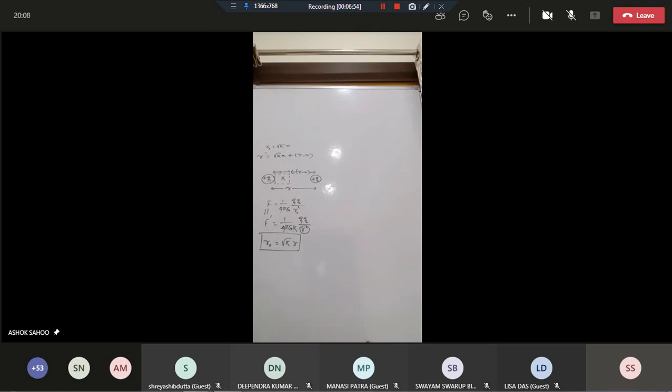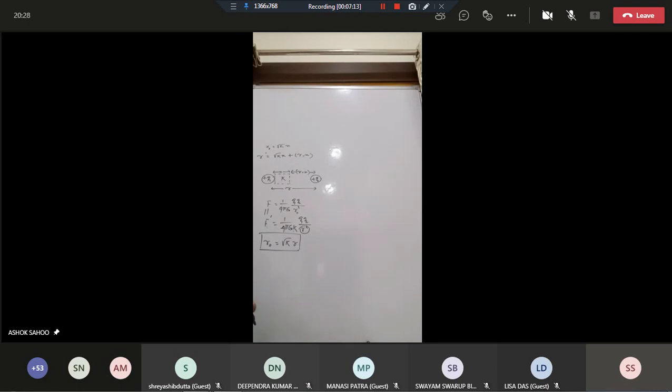Remember, this type of question will come in entrance exams. It will not come in the school exam. In the entrance exam, if the space between two charges is filled partly by dielectric material, how will you calculate the Coulomb force of interaction?